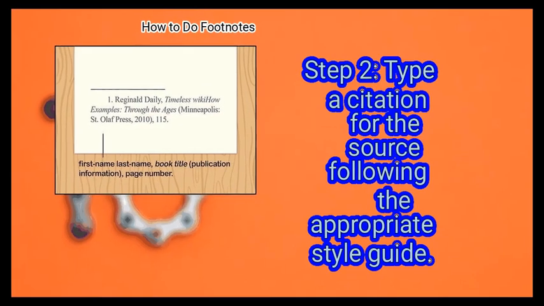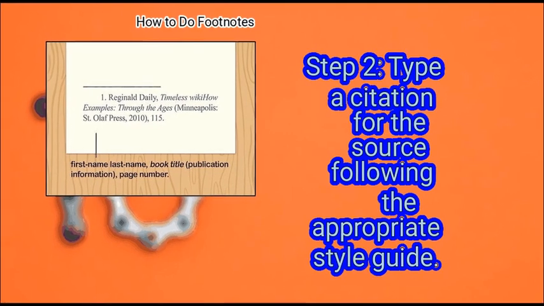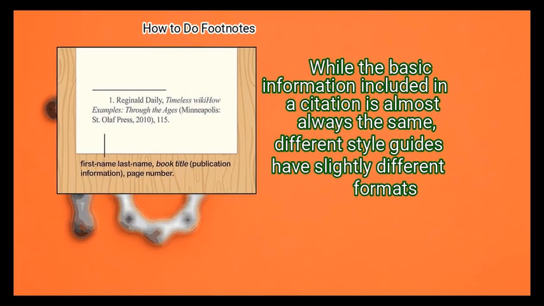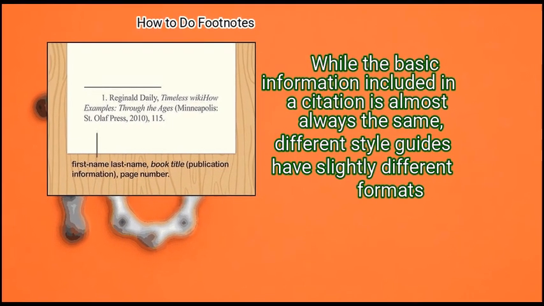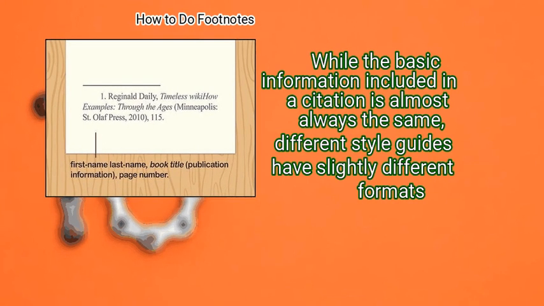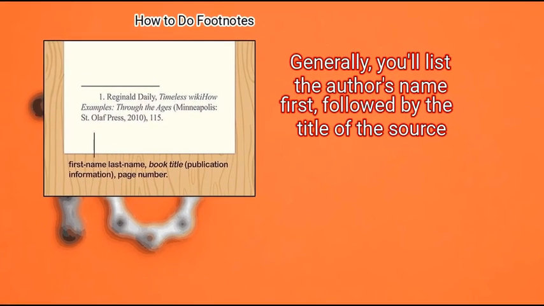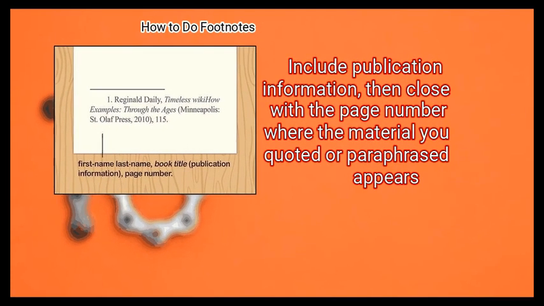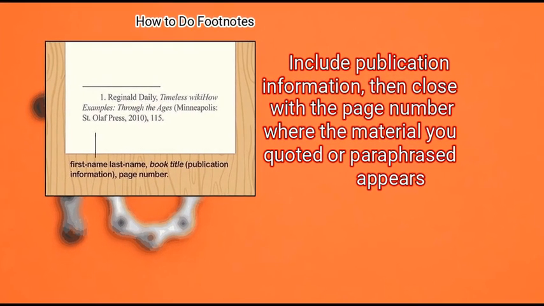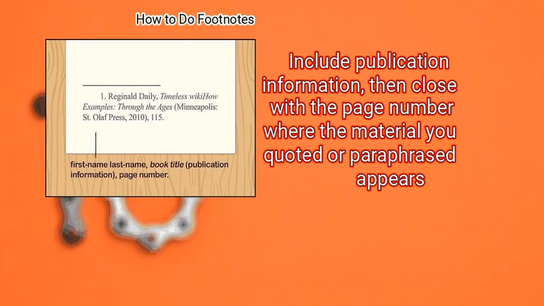Step 2. Type a citation for the source following the appropriate style guide. While the basic information included in a citation is almost always the same, different style guides have slightly different formats. Generally, you list the author's name first, followed by the title of the source. Include publication information, then close with the page number where the material you quoted or paraphrased appears.